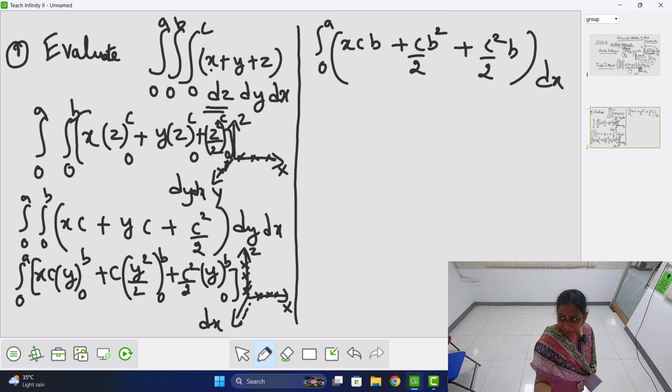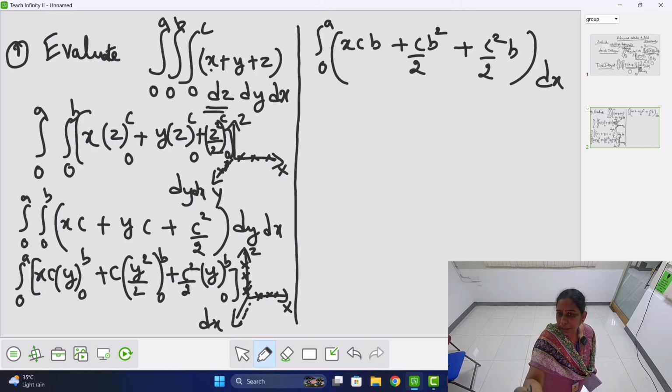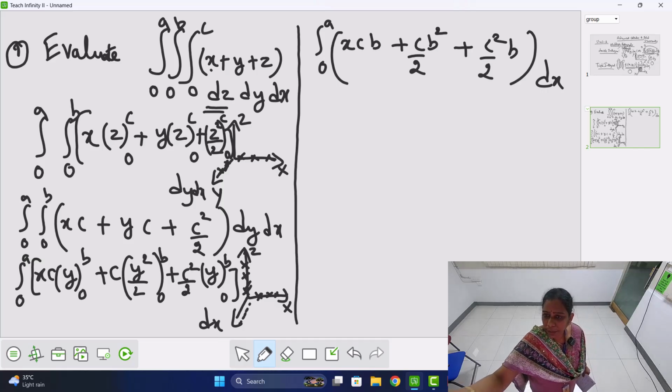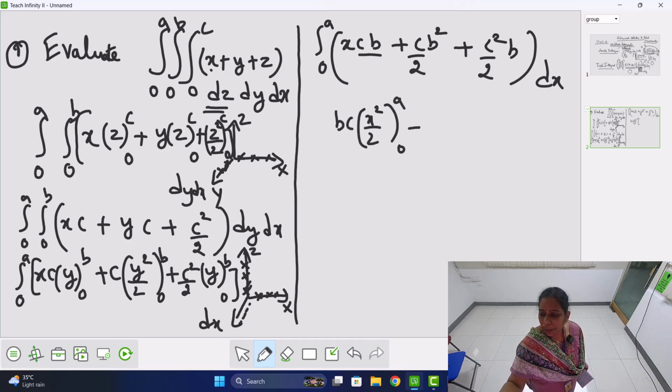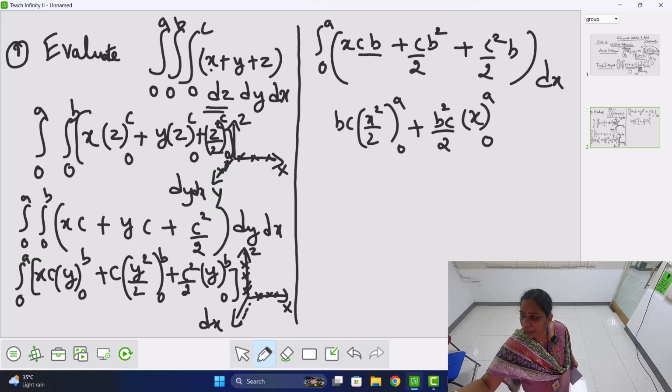Right. So now I have to integrate with respect to x, keeping what as constant? Nothing, because all others we took as constant. So no issue, directly I can see the variable x. So what is the integration of x into dx? Cb is constant. So bc x squared by 2, limits are 0 to a, plus b square c by 2, integration of dx is x, so 0 to a, plus c square b by 2, integration of dx is x.